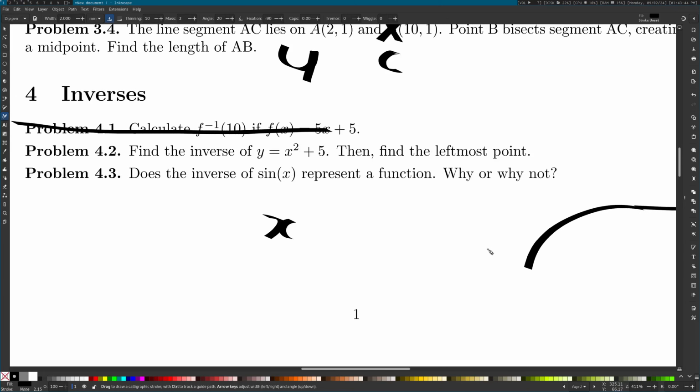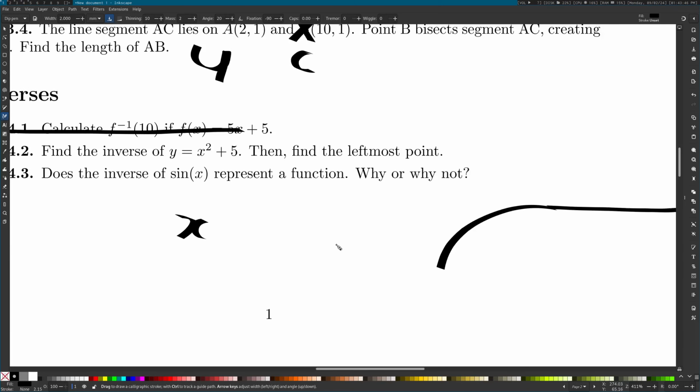Yeah, wouldn't it be a relation? But does she want us to write it as a relation or just write it as the square root version of it? I would assume she just wants the square root version, like the square root of x minus 5. Yeah, probably.